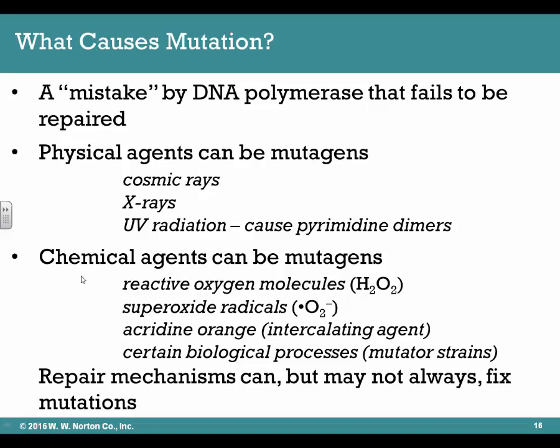But these physical and chemical agents that are mutagens tend to speed up that inherent, very rare mutation rate to the point where it can be not only causing changes to the genes within a microorganism, but killing that microorganism because too many of its genes have been damaged and the DNA polymerase is unable to repair so many mistakes.